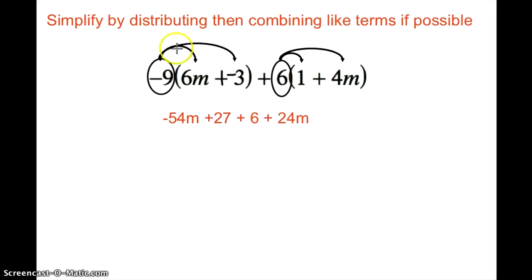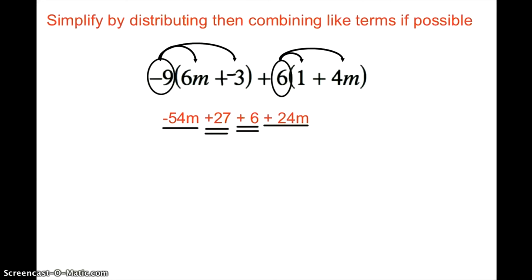Next step is to underline my like terms. So I have a -54m that I'm going to give a single underline to, along with this positive 24m. Positive 27 is going to start my second family, and it's in the same family as the constant 6.